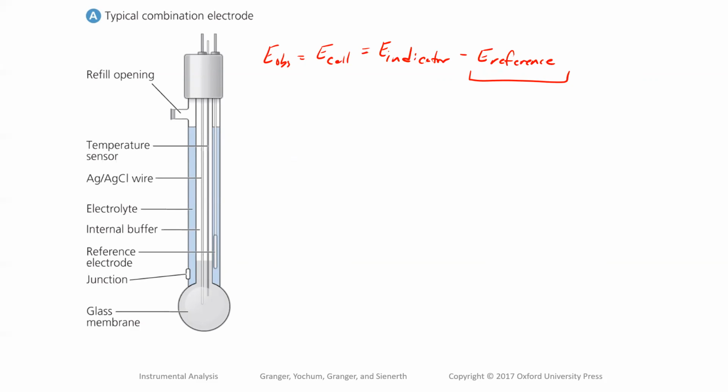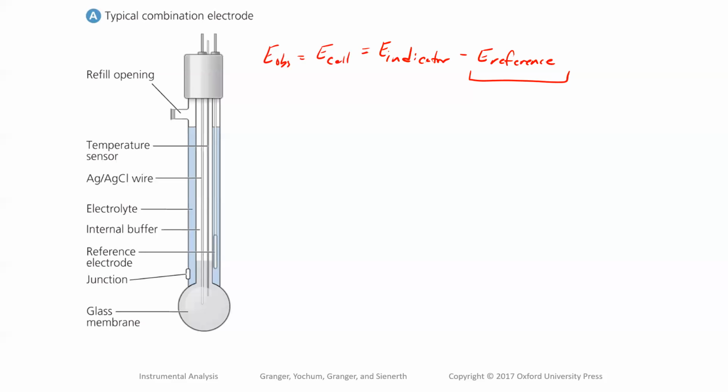Now, the reference that scientists have set at E equals 0 is the standard hydrogen electrode. We'll take a look at that in just a minute, but it's a very complicated electrode to actually run.